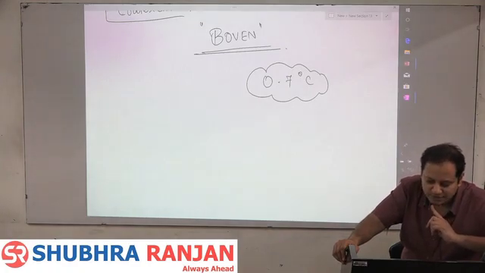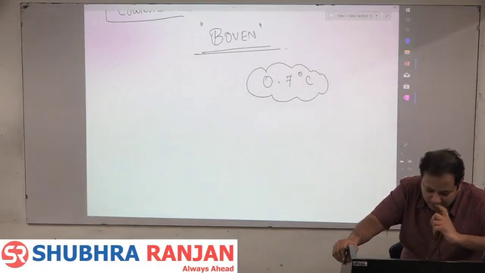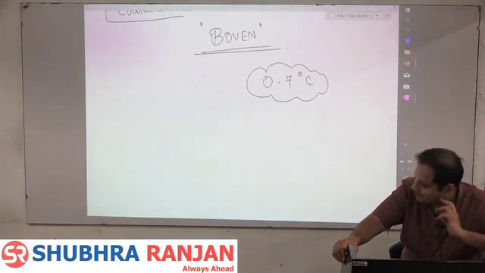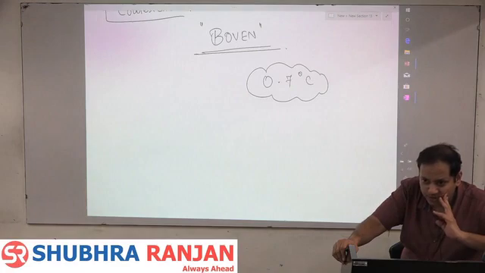Next. Many clouds have temperature in the uppermost part greater than 0.7 degrees Celsius.